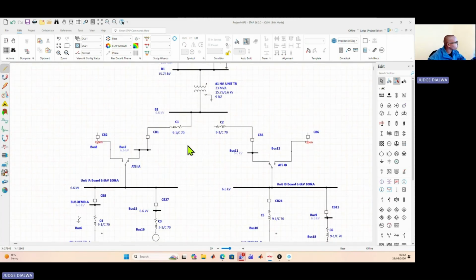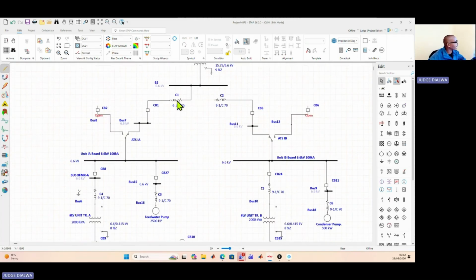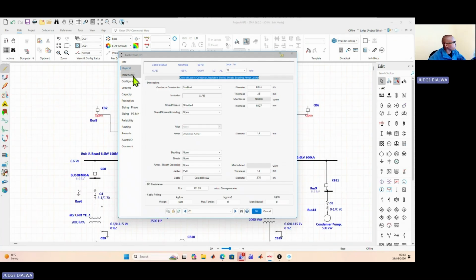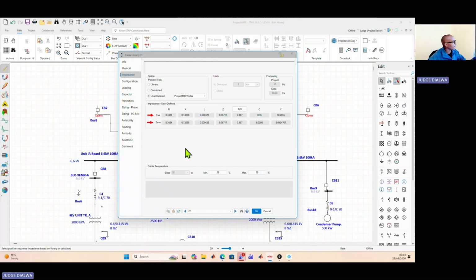So now, because we have a number of new equipment, I'll just highlight how I modeled it. This is our cable. You remember this cable 1 up until cable 6. These are 50 meters long. I didn't do anything here. Impedance. Now, this is where I created my own Excel sheet where I have all these values.